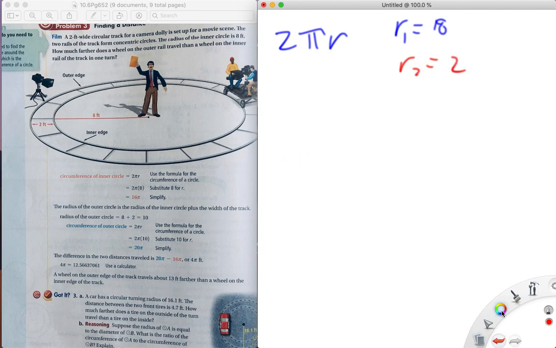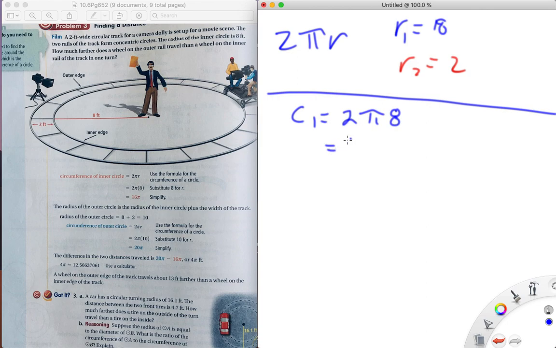So to find the first circumference, number 1, that's 2 pi r. So 2 pi, in this case it's 8, which is 16 pi.